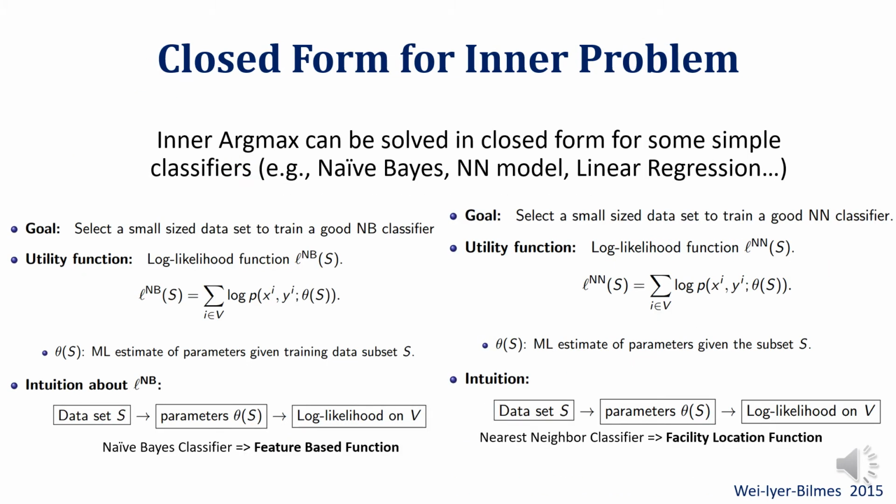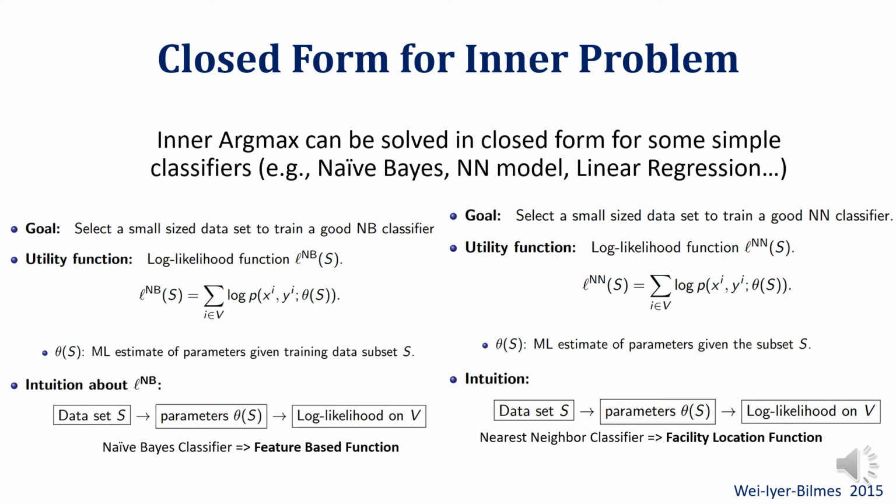Now it turns out that the inner problem has a closed form solution in the case of several simple classifiers such as naive Bayes, nearest neighbor, or linear regression. Specifically, in the case of naive Bayes, you have a log likelihood function, and the maximum likelihood parameters turn out to be very simple closed form expressions.